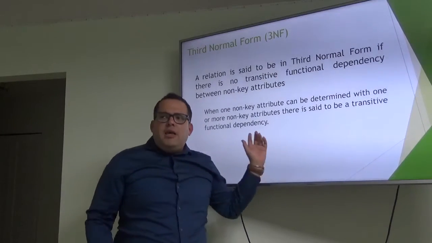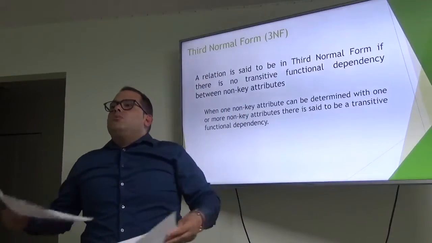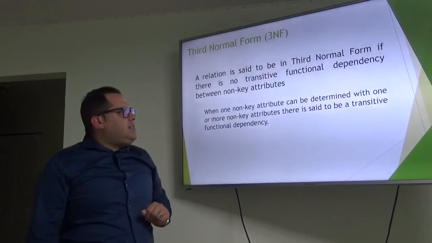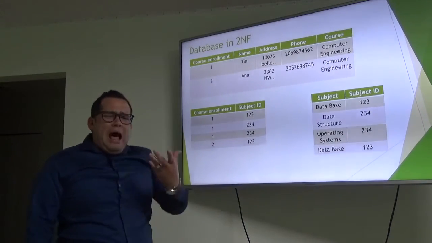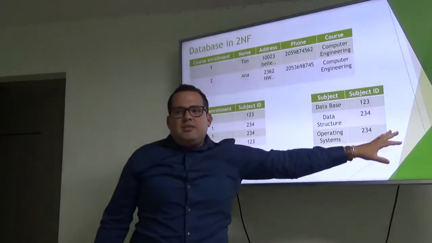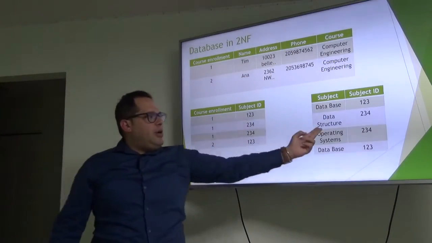Basically, it's the same thing until now in third normal form. Let's see our current example. We have the database in second normal form. Okay? We separated this relationship.